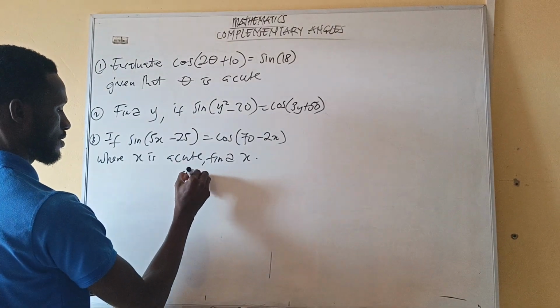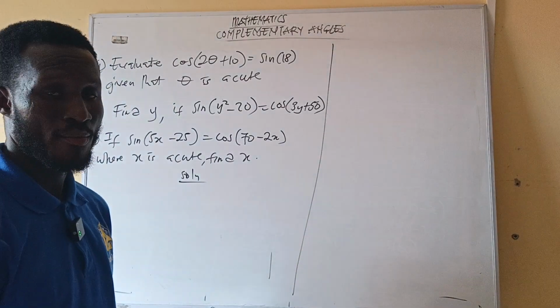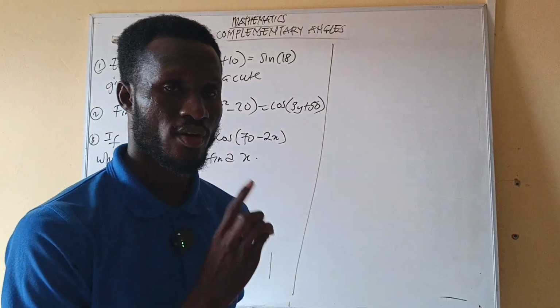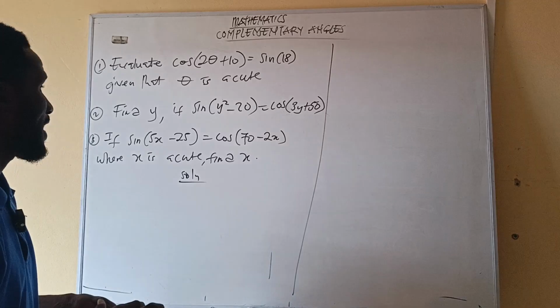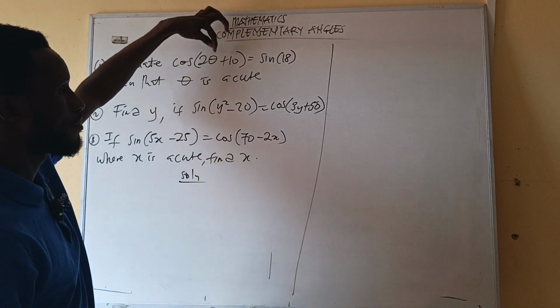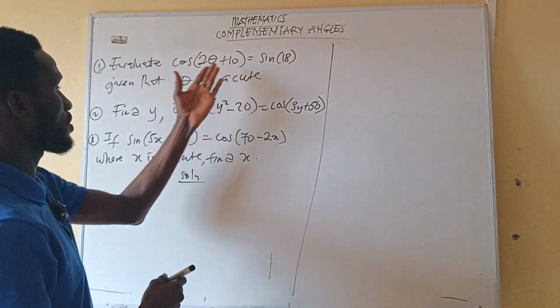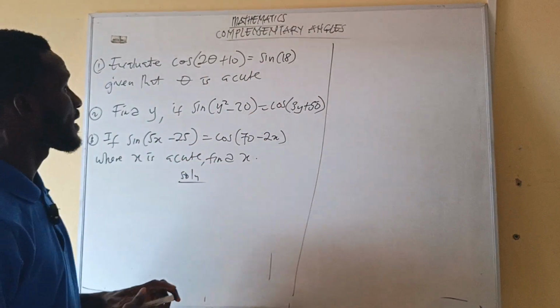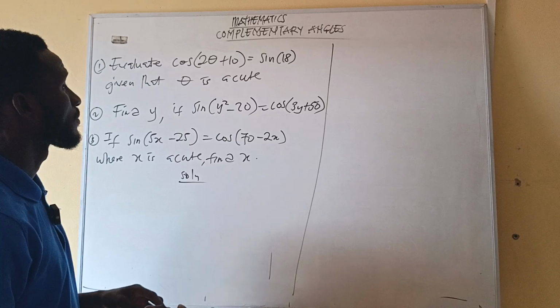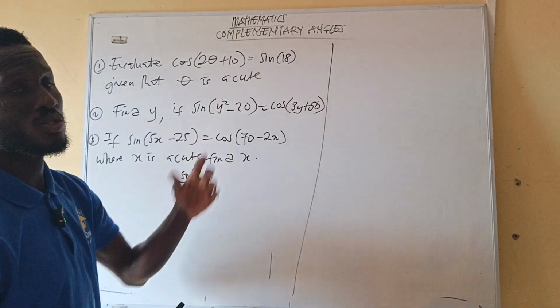Now solution. At this particular point, I'm going to use two methods to solve for this particular thing. Now don't forget that we have cos of 2 theta plus 10 equals to sine theta. You see, there is no way we can solve for the angle theta because this one is cosine, this one is sine.